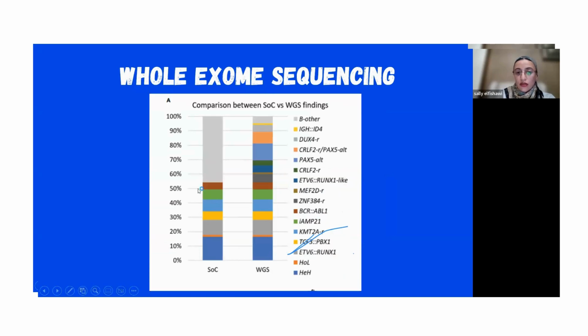So in comparison to the targeted individualized approach, the whole genome sequencing tells us everything in the whole genetic material of the sample and the patient.